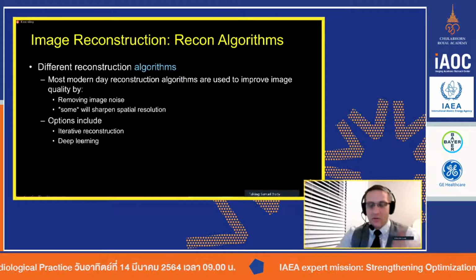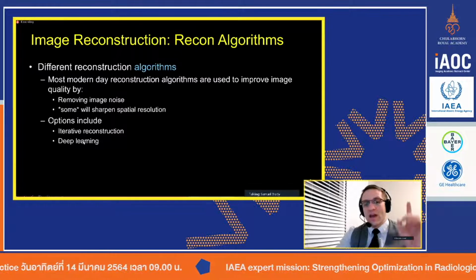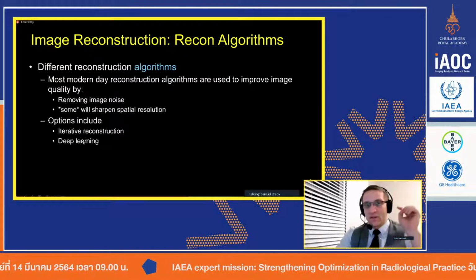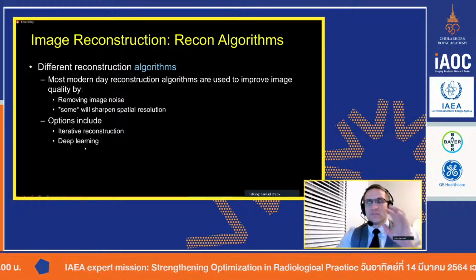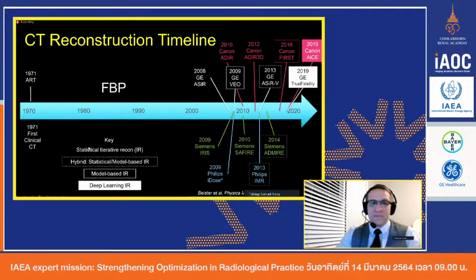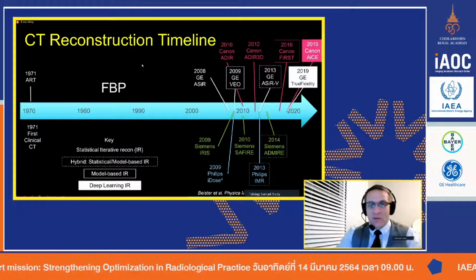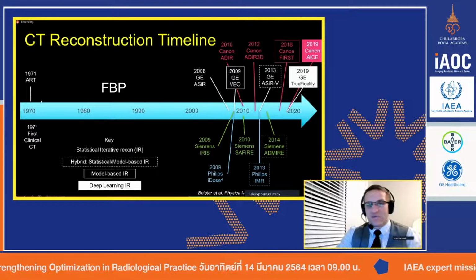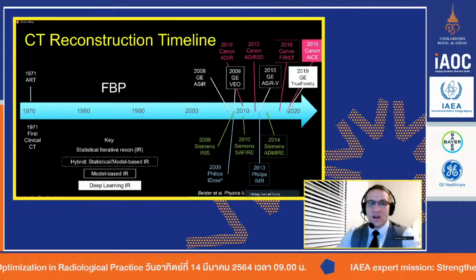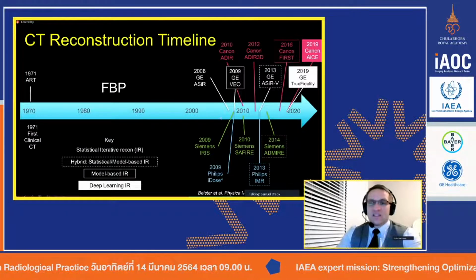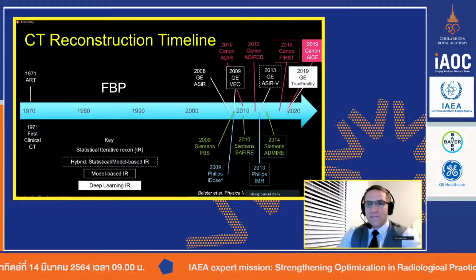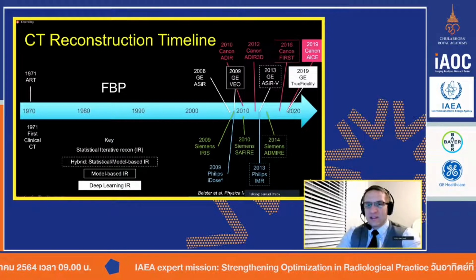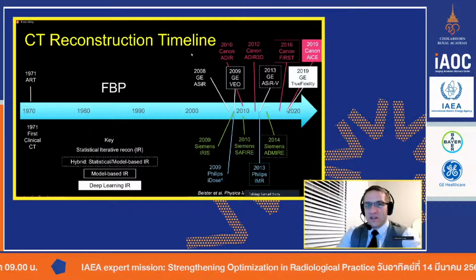I talked a little bit about this the first week, and next week we're going to talk about it much more because deep learning is actually being used more in the body. So as I mentioned, the most common one is filter back projection. We've been using this for years and years, multiple decades. It's the one that we used almost from the very beginning. But then in 2009, we started using iterative reconstruction.